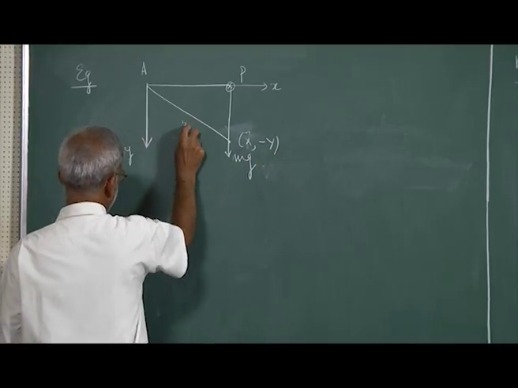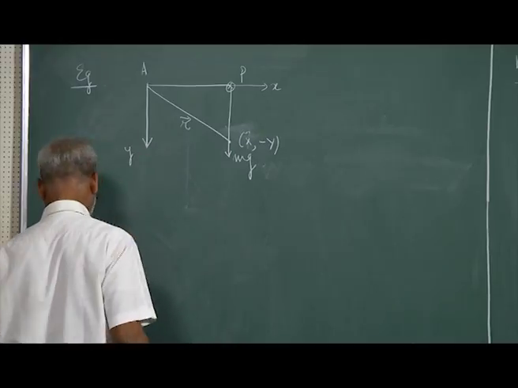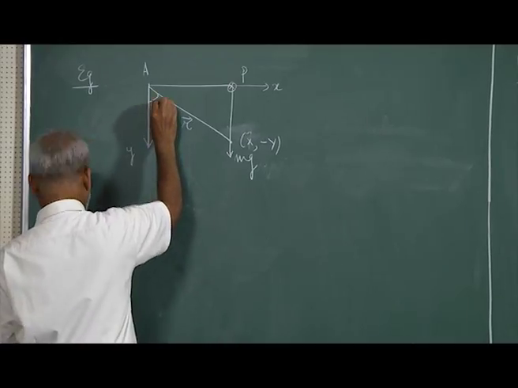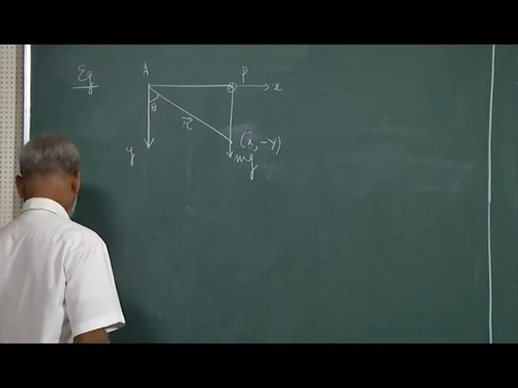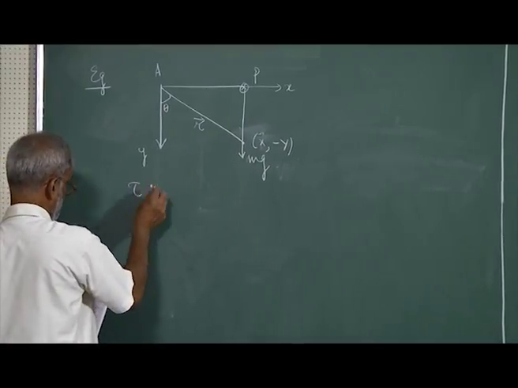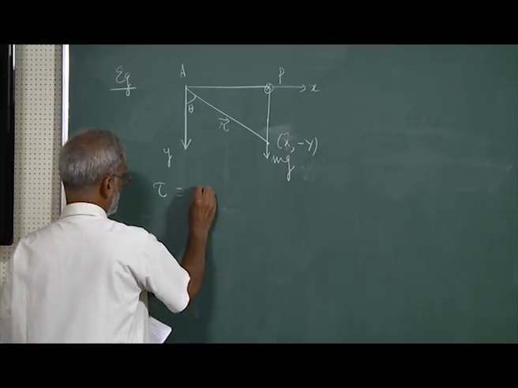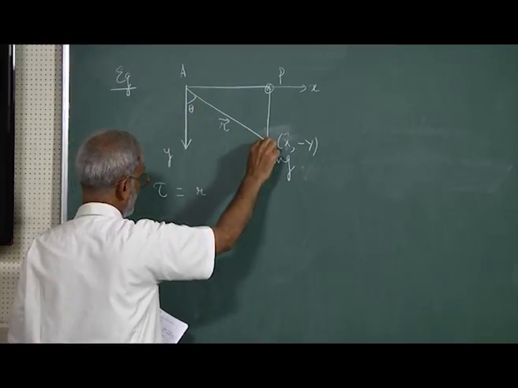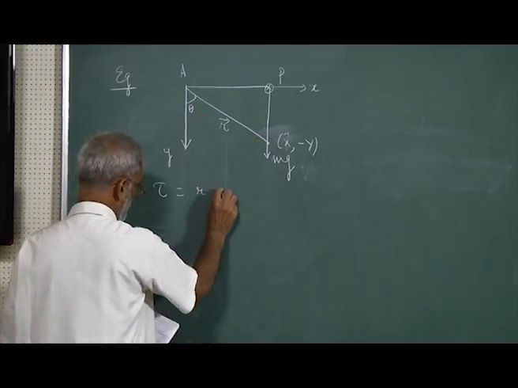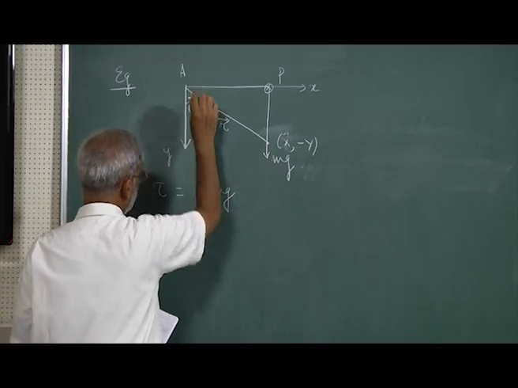So this is the r vector, this is theta. Now what is tau? Tau is equal to the magnitude of r times the force times sine of theta.